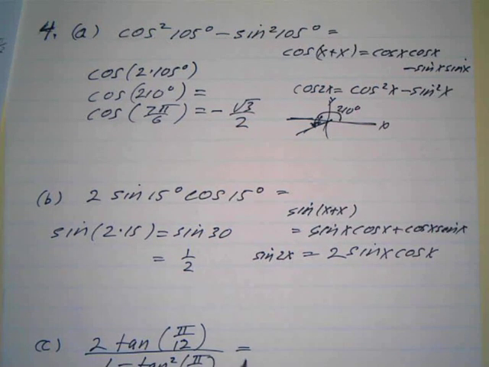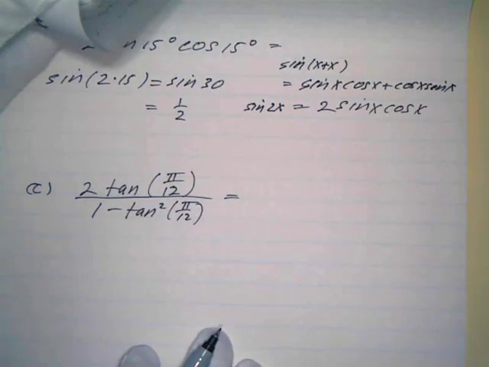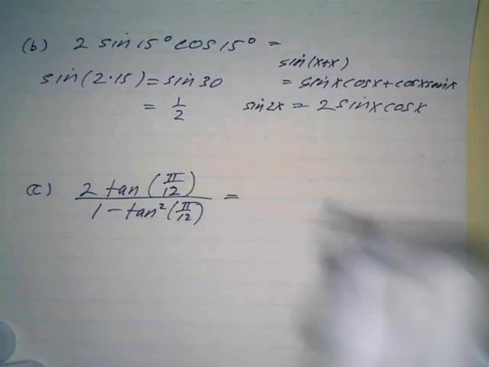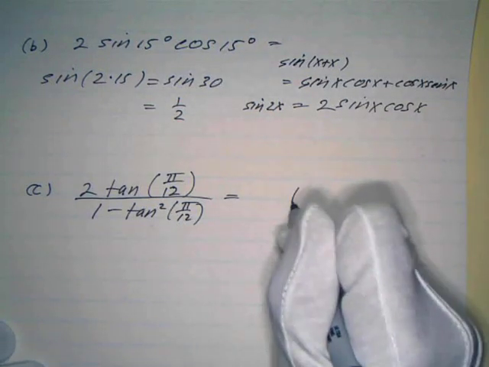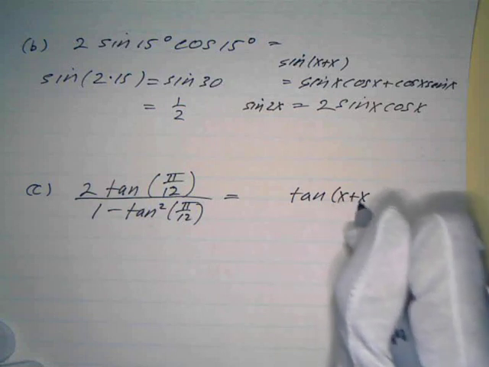In the same respect, this is the same thing as the 2-angle formula for tangents. So let me move it up a little bit so you can see it. Sorry about that. And again, you could derive that same thing, the tangent of x plus x.